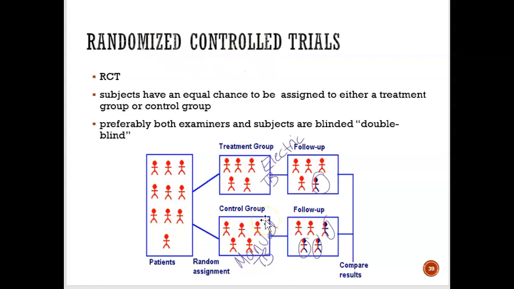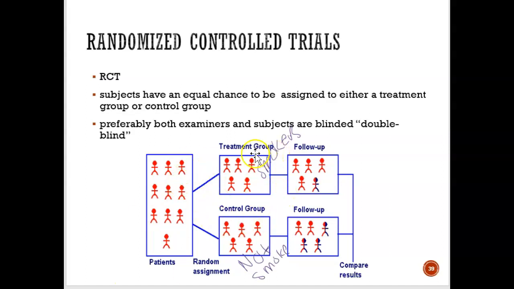You randomly put them into groups, and let's say that this group, the treatment group over here, are given cigarettes, and the control group are continued to not smoke. They're encouraged not to smoke. Is that ethical?